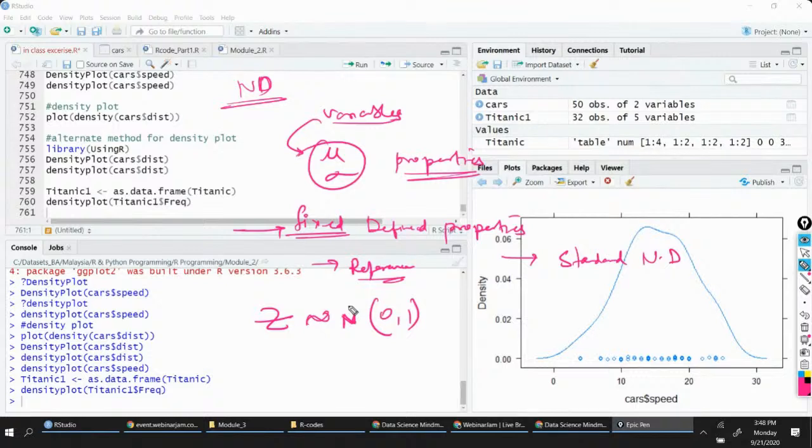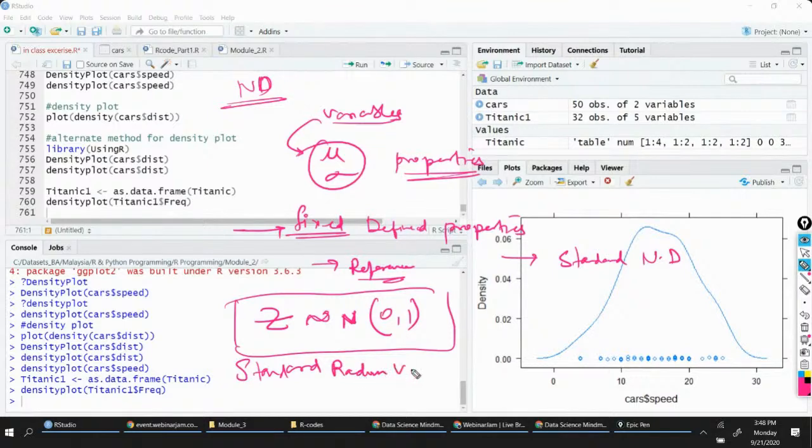Yep, so that's your z, which is known as standard random variable, standard continuous random variable, which is the standard. So that's your z, right? So if you have these properties, then it is referred as a standard.